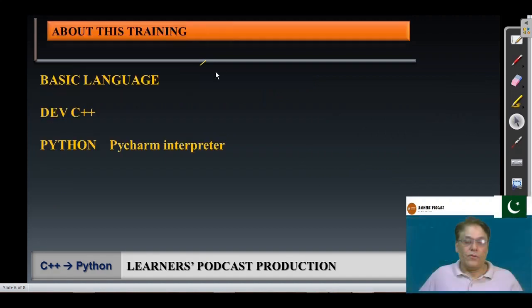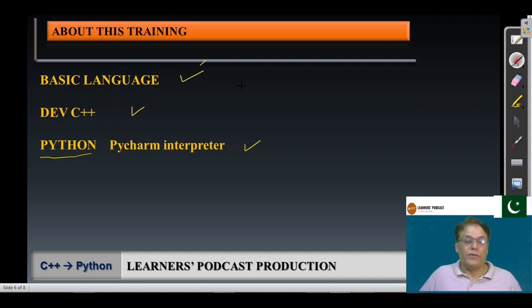So for this course, for this training, what I am going to recommend is that first of all, we will be using the BASIC language. We will be using C++, and we will be using Python. Ultimately, our destination is to reach Python. But for this, we will learn the C language and the BASIC language.